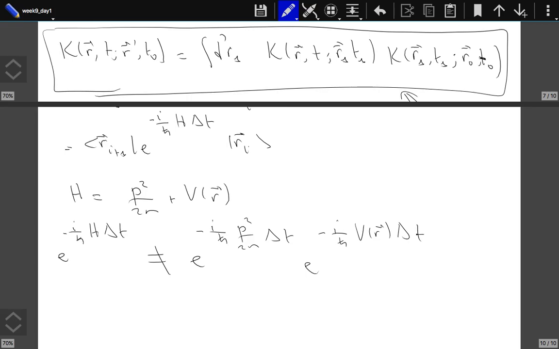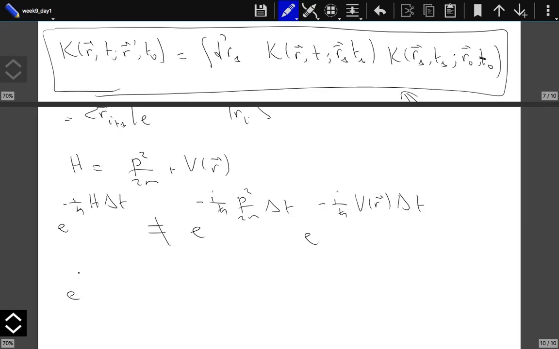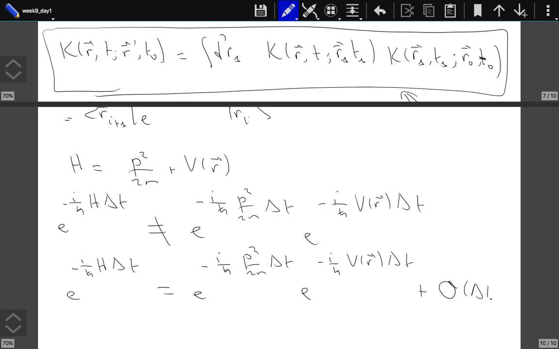So that's why they are not equal to each other. But nevertheless, it is equal to e to the power minus i over h bar p squared over 2m delta t times e to the power minus i over h bar V of r delta t, plus corrections of the order of delta t squared.